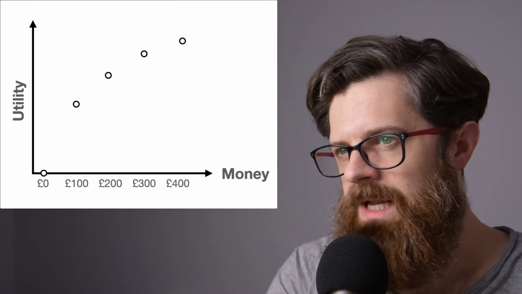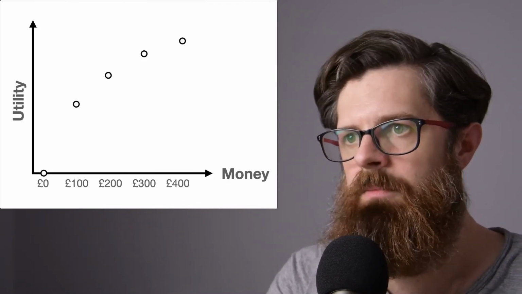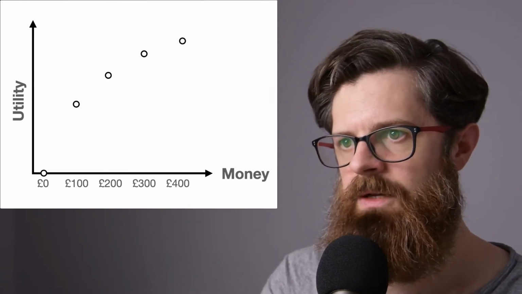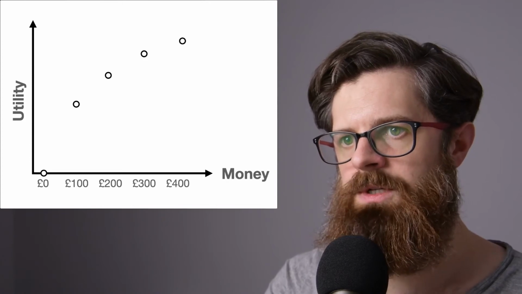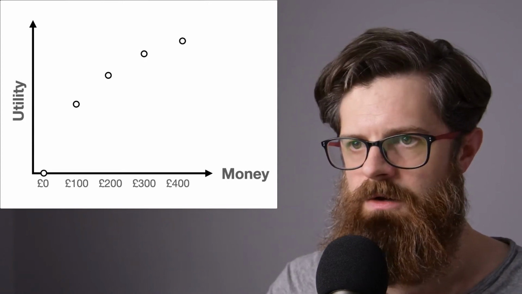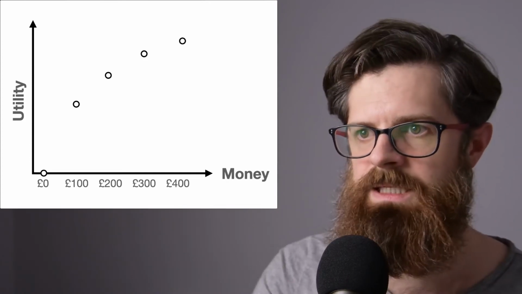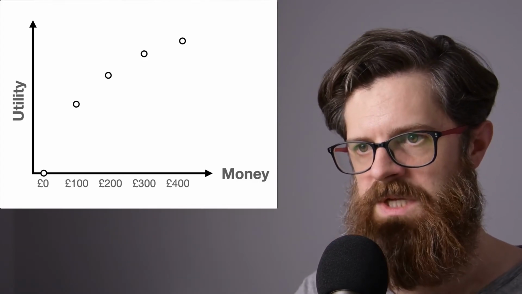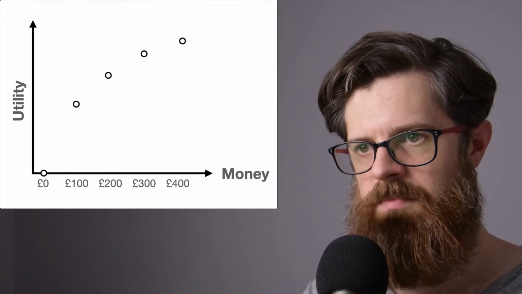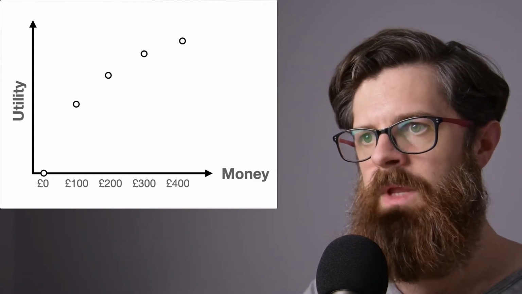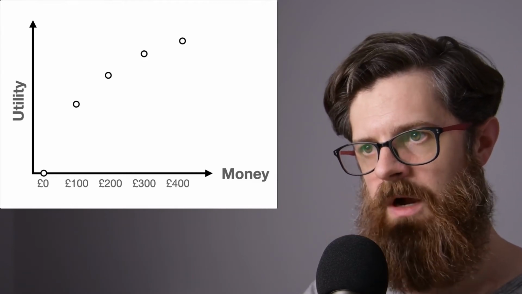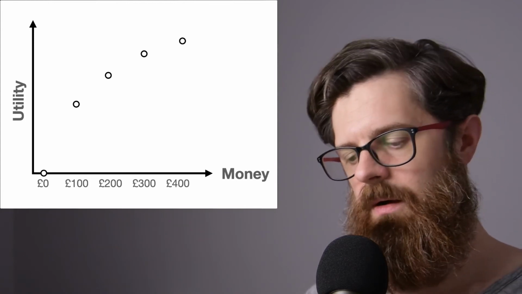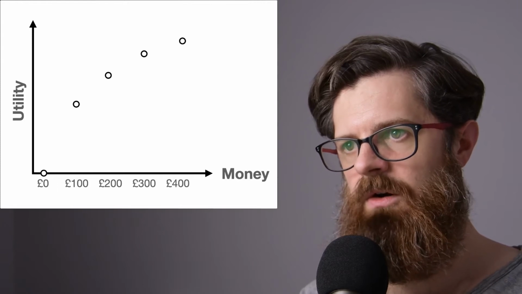It doesn't really matter. The basic idea is that we might have some scale of utility or goodness that corresponds to the money. To be clear, the x-axis is some observable, tangible rewards, which could be money, could be cookies. And on the y-axis, we have some kind of internal, subjective representation of the value.